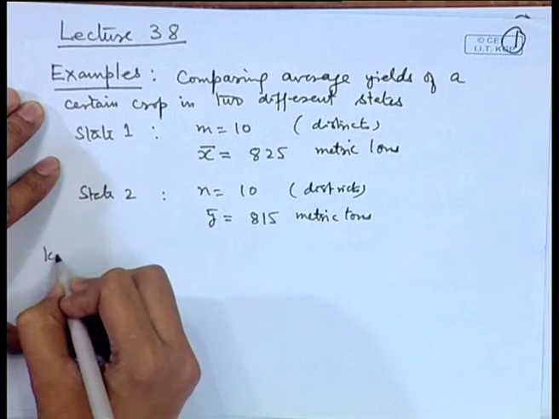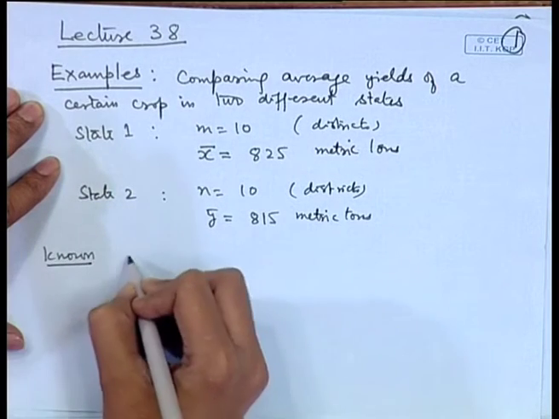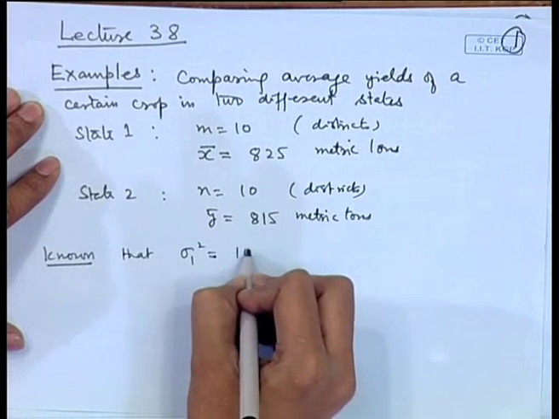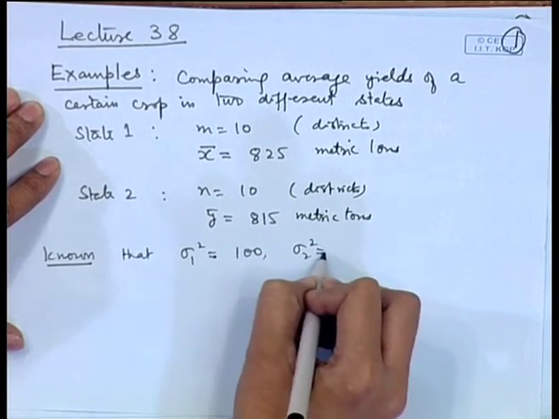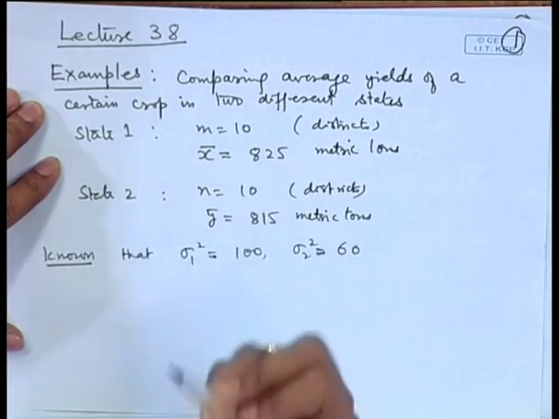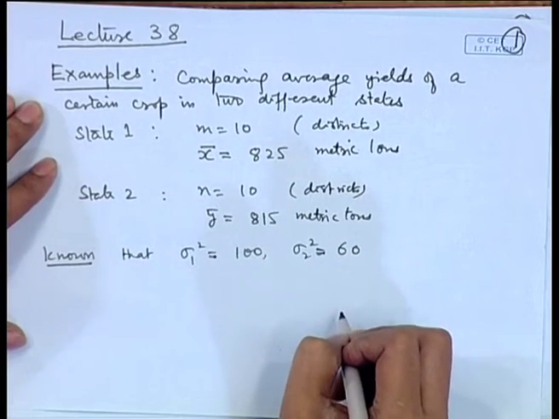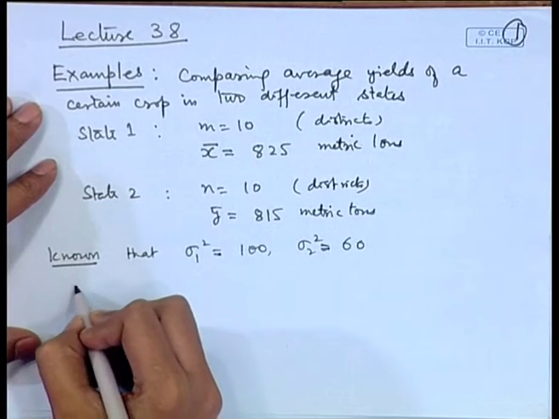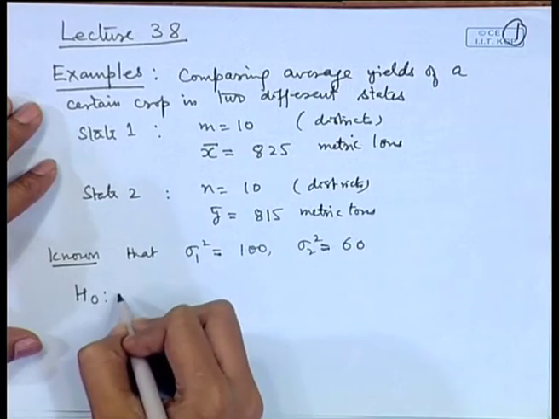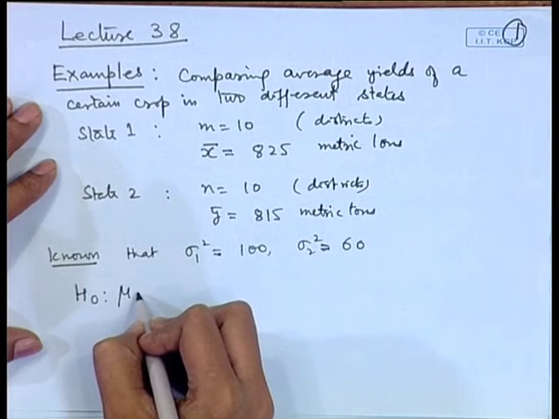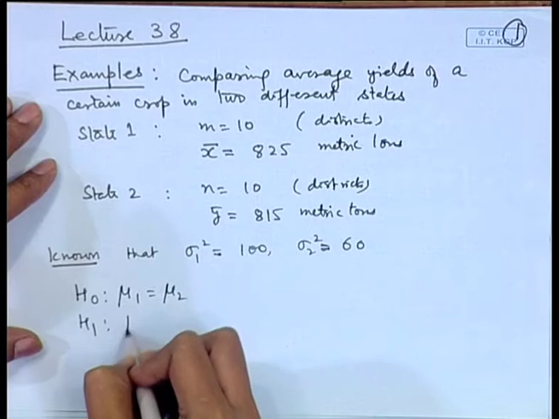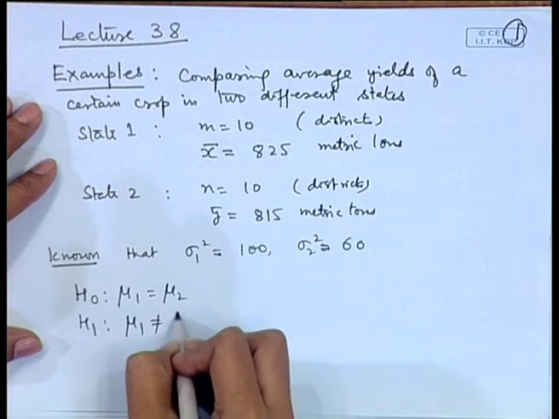It is known that sigma 1 square is equal to 100 and sigma 2 square is equal to 60. This data is known to us. So we want to test whether mu 1 is equal to mu 2 against H1, mu 1 is not equal to mu 2.